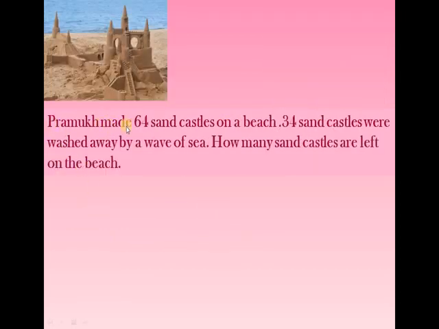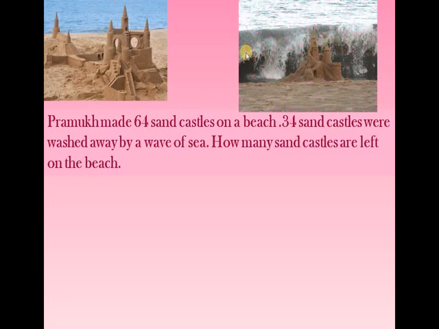Pramukh made 64 sand castles on a beach. 34 sand castles were washed away by a wave of the sea. That means this is washed away. The wave comes and yes, the castle collapses.